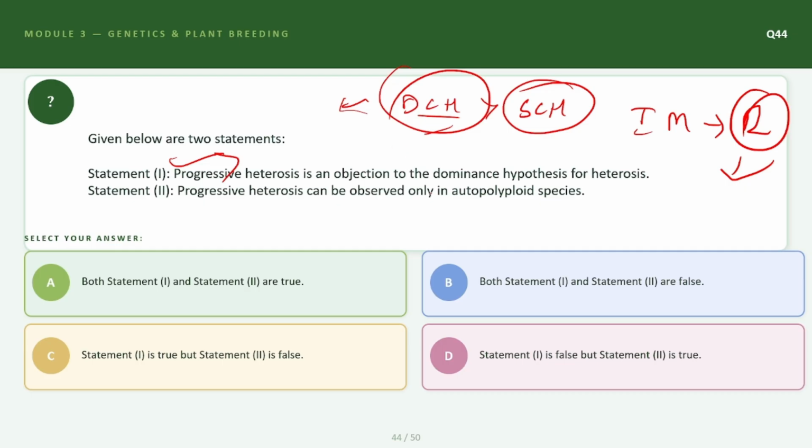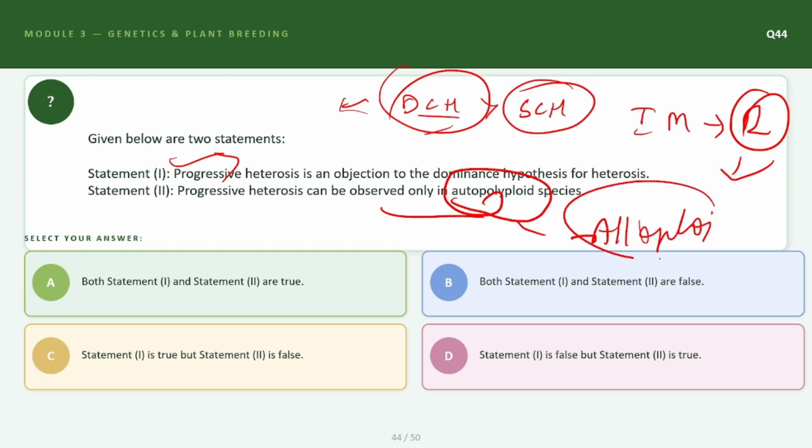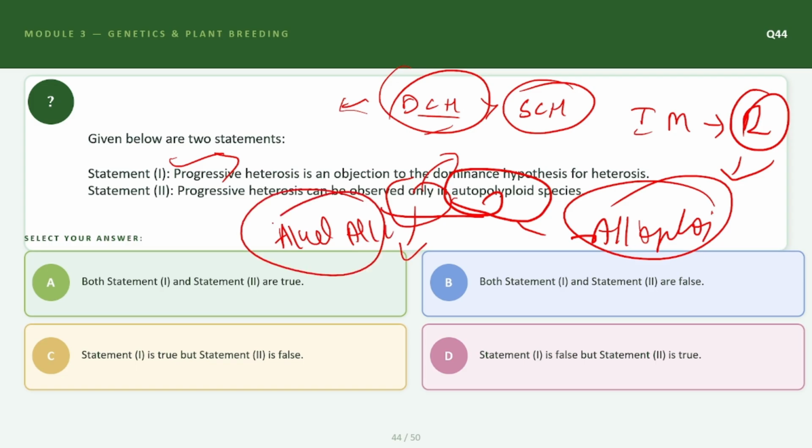And here, actually, I was also confused. I kept both as true because it's generally applied in autopolyploids. It's never going to happen in allopolyploid condition. That was clear to me. But there is a catch. In biology, there is no word called 'only'. There is always an exception. There are auto-allopolyploids also. In this condition, progressive heterosis will also happen.